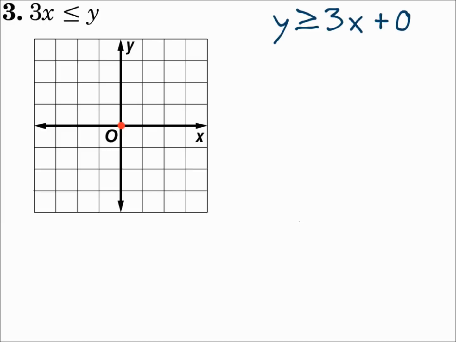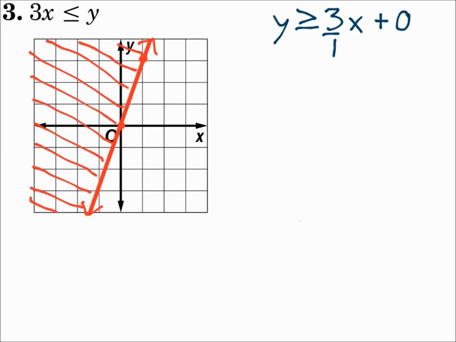The slope is 3, and you can put 3 over 1 so you can rise over run. When we rise 3, run 1, that'll go up 3, right 1 to a point right there, and it is a solid line. Since y is greater than, it will be shaded above. Solve it for y.